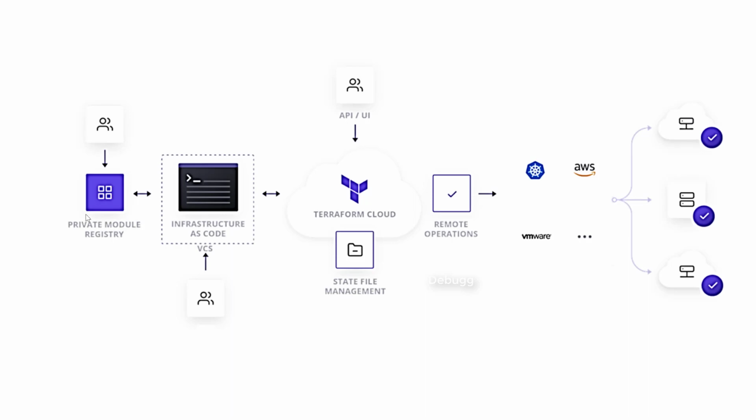We can also make use of private modules at an enterprise level. If we need custom modules, for example to create a Kubernetes cluster with specific credentials, we can create private modules, pass them on to Terraform Cloud and reuse them every time.